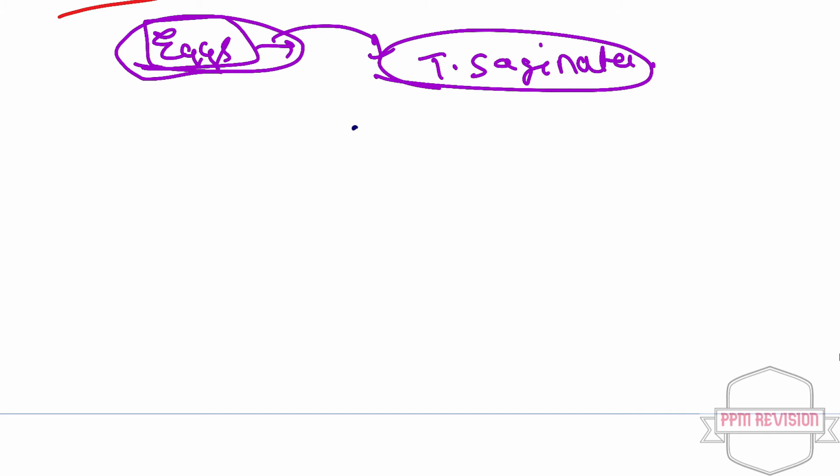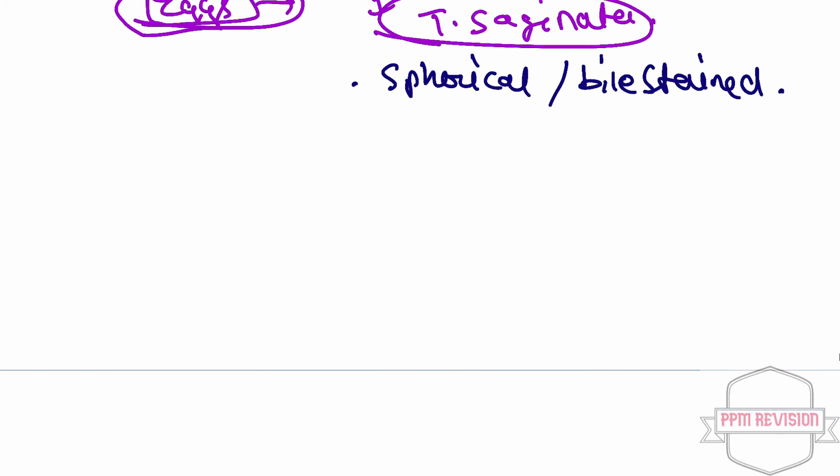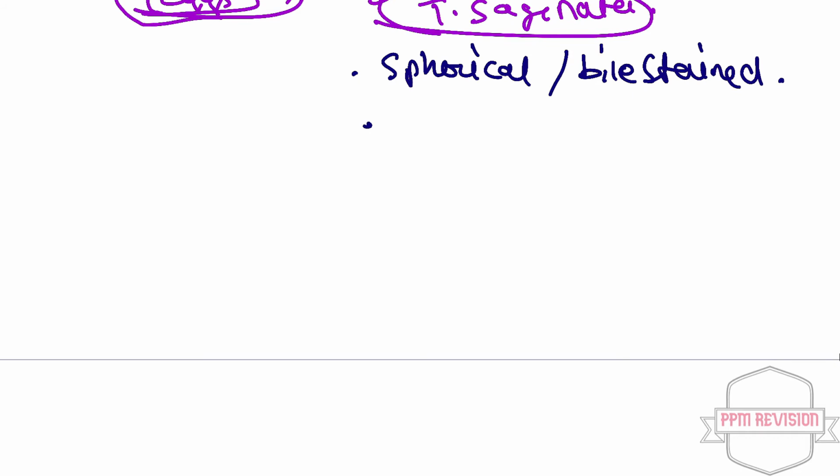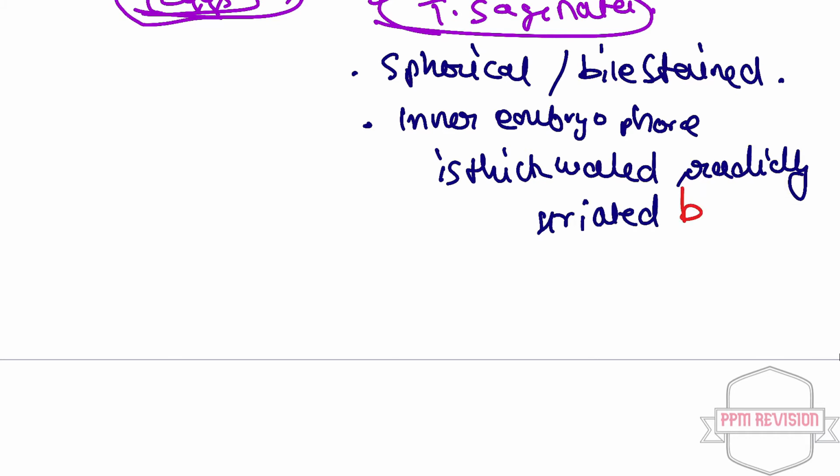To quickly mention, the eggs are spherical, they are bile stained, and what we are seeing is that the inner embryophore is thick walled and radially striated, and it is brown colored.